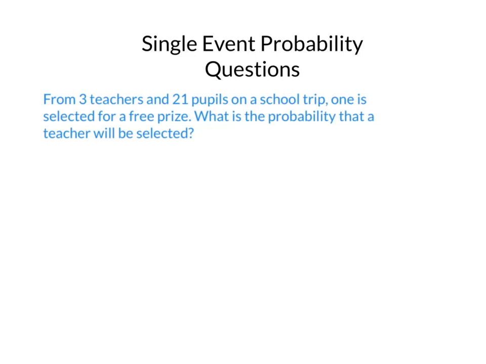Today we're going to take a look at examples of single event probability questions. This first question says that from 3 teachers and 21 pupils on a school trip, one is selected for a free prize. What is the probability that a teacher will be selected? So we have 3 teachers plus 21 pupils, giving us 24 people on the trip.